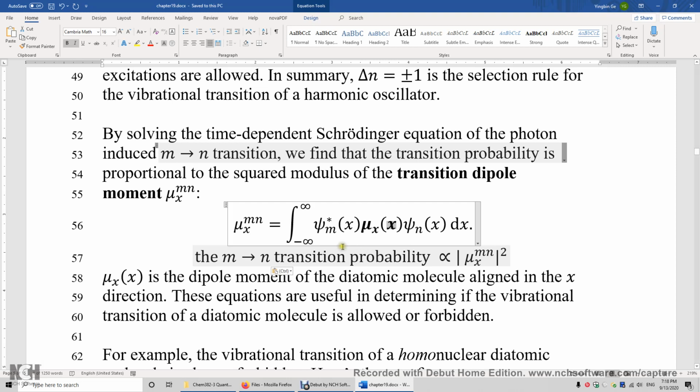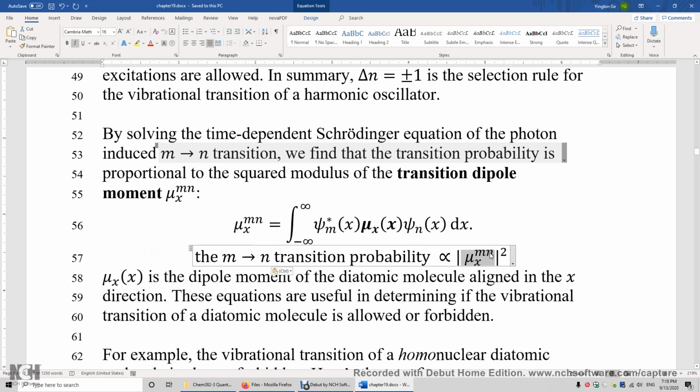Alright, so again, we can calculate the transition probability from level m to level n, and this probability is proportional to this transition dipole moment squared. It's important because if we know this transition dipole moment is 0, then this transition is forbidden.